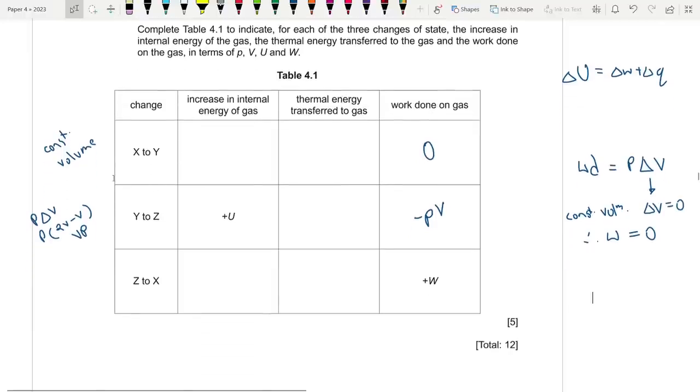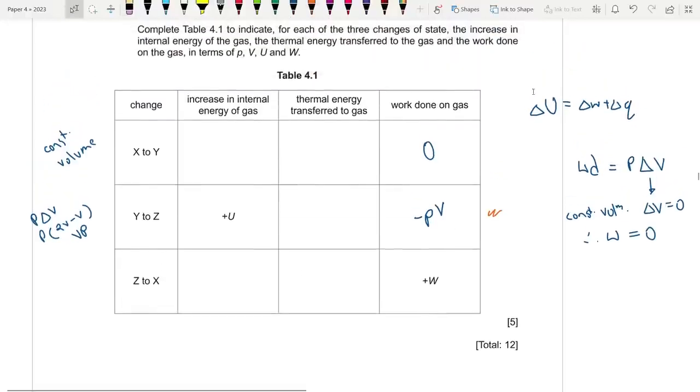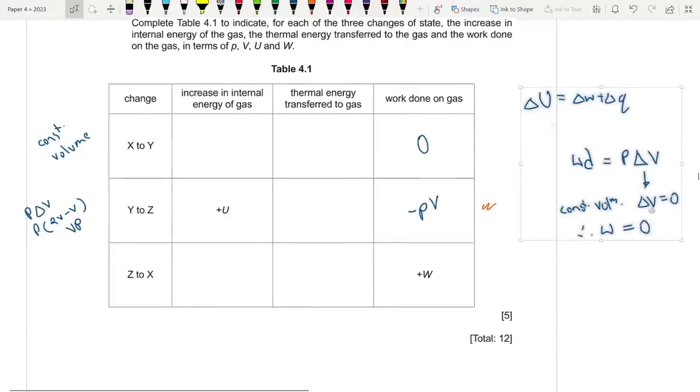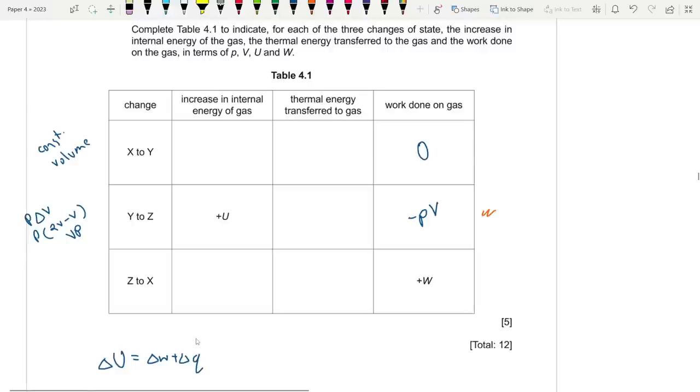Now we can actually use this box over here to figure something out. We know that the formula is u is equal to w plus q. So I'm doing it for this one currently. We know that plus u is equal to thermal energy, which is q plus w. We know the value of w, so plus u is equal to q minus pv.